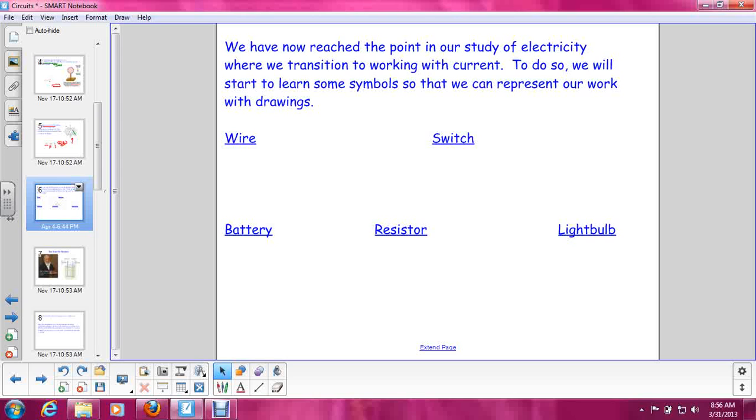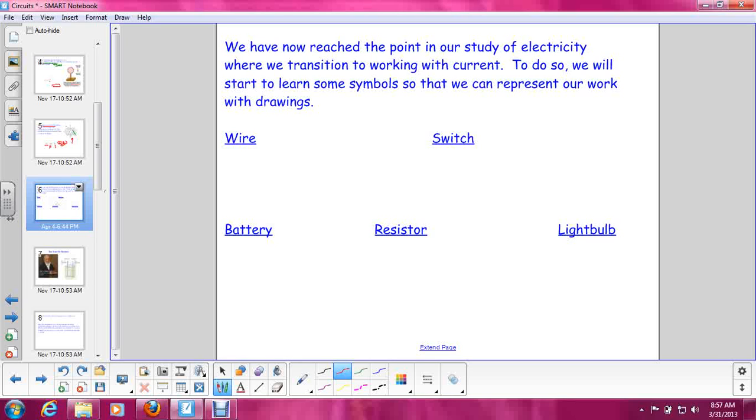So if you were to wire up 10 light bulbs with wires and batteries and switches and try to draw a picture of that, it would be super difficult, especially for the artistically challenged like me. Being physicists, we want things to be very clear and simple and easy and quick to draw so that we can move on from the picture and on to the more important stuff, like the math.